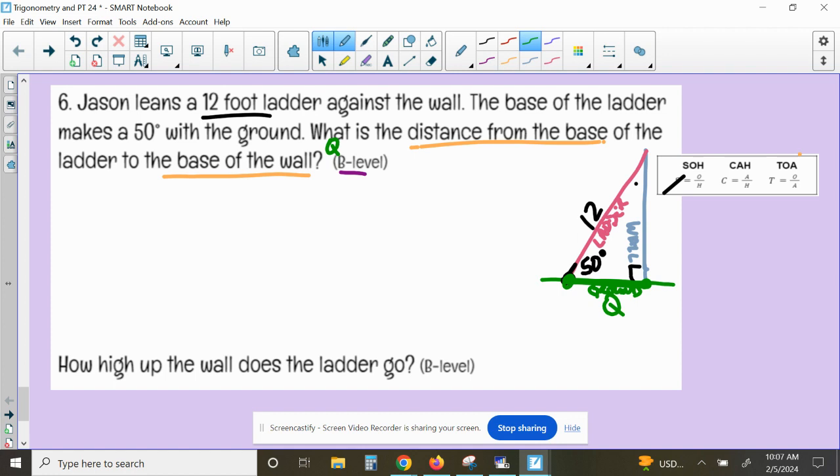Which angle are you circling? The 50. So it's this yellow guy right here. Circle your angle, label your opposite, hypotenuse, and adjacent from there.